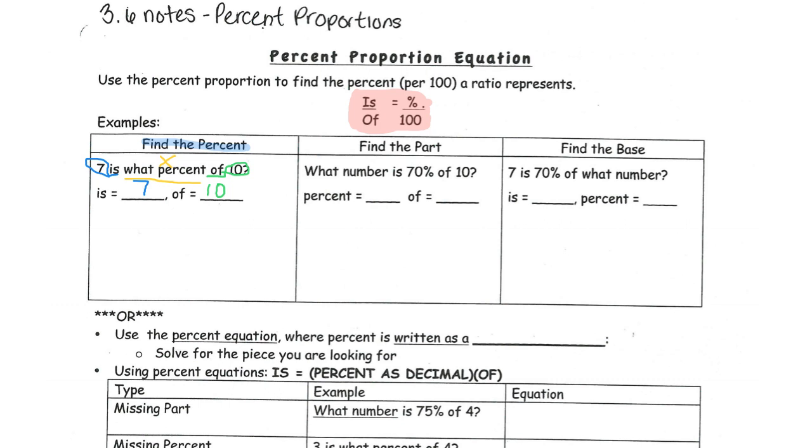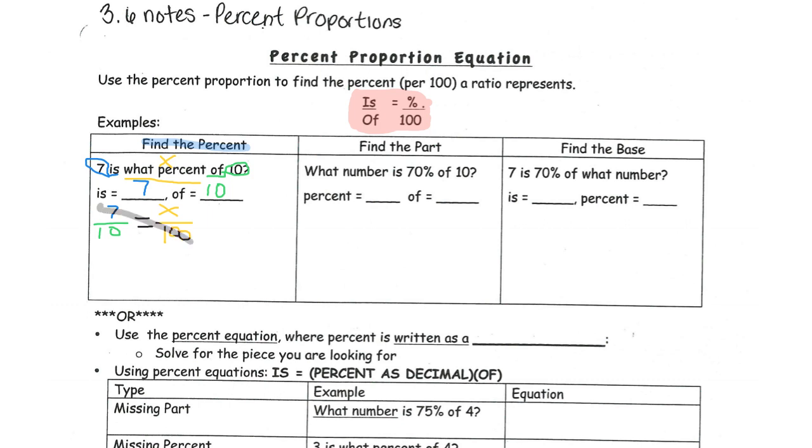Now we can set up our proportion, which says is over of equals percent over 100. So we said our is 7, our of is 10, and we set it equal to our percent, which we don't know, over 100. How would I solve this? We kind of just said this. You would cross multiply.